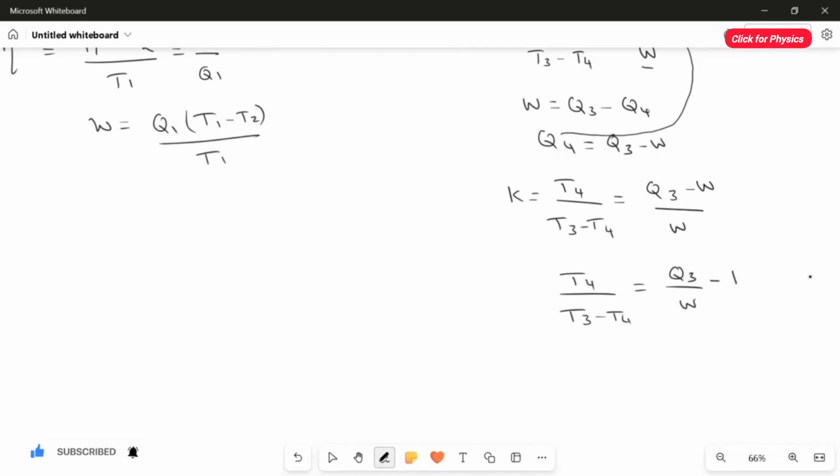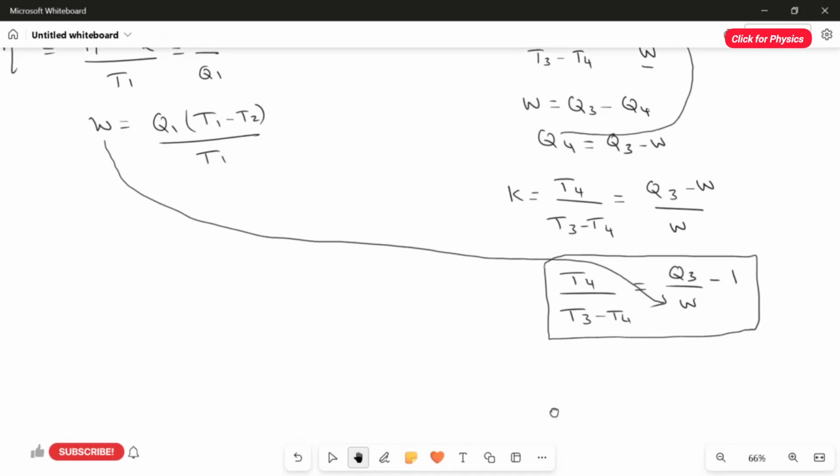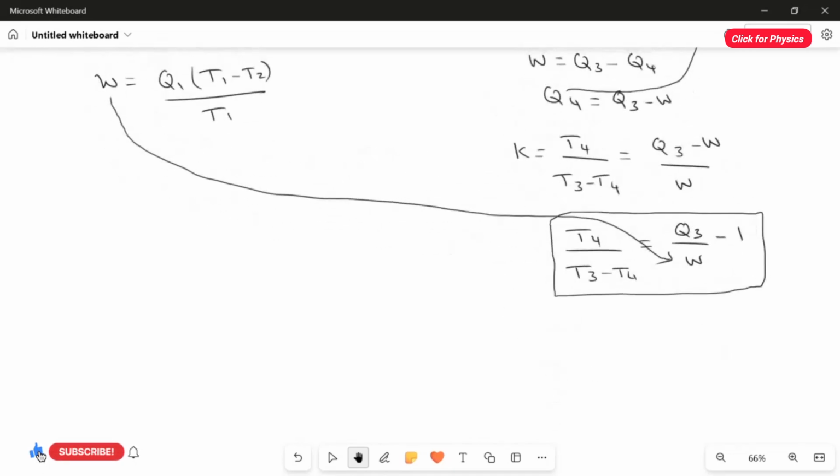Clear? So now this is our main equation. You can see the Carnot engine work is going to drive the refrigerator. So I am going to take this work and substitute it here. So let's substitute the value first.